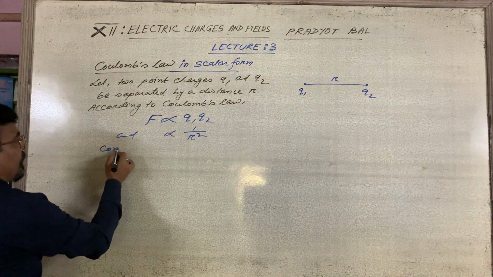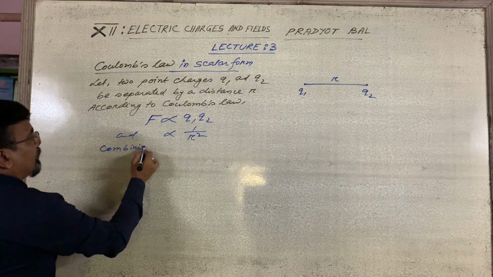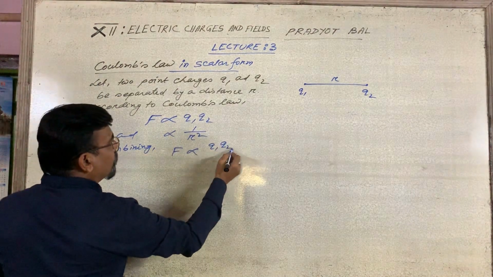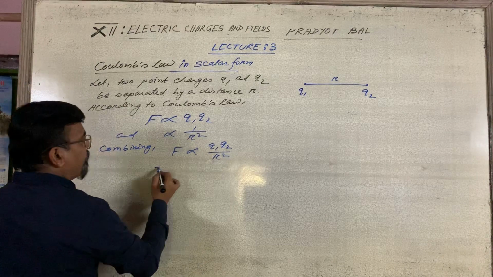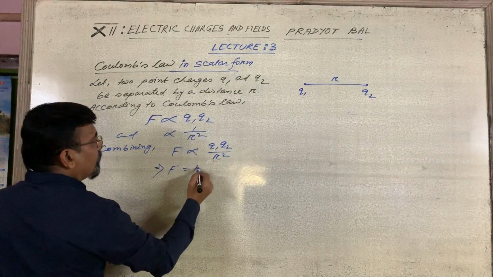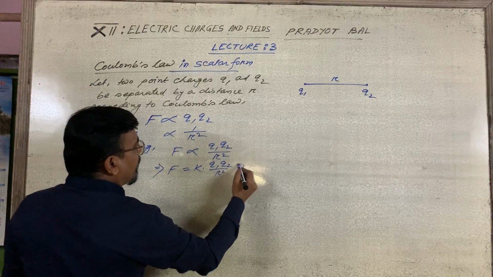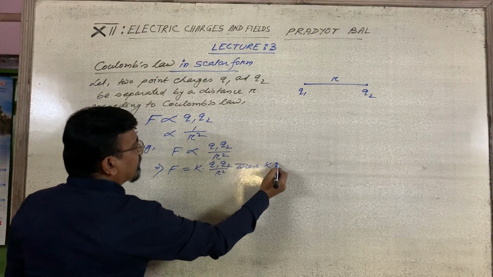Combining, F is proportional to Q1 Q2 by R square. F is equal to K Q1 Q2 by R square, where K is a constant.